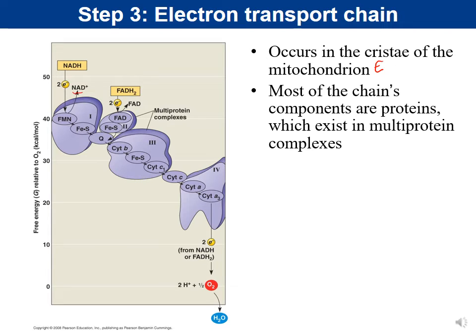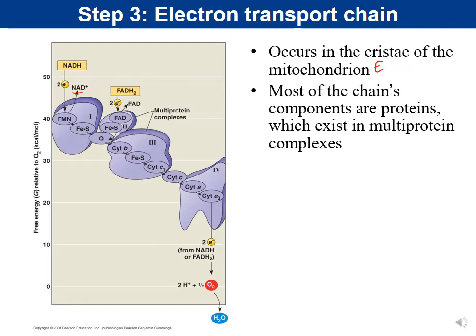Now it's released its passengers. It's empty. The NAD+ is ready to go back and pick up more passengers, pick up more electrons, and keep the process going. Now, NADH, when it drops off electrons, it drops it off to the first electron carrier in the pathway. So the FMN is the first one.